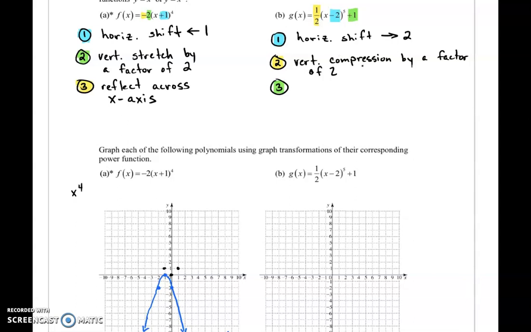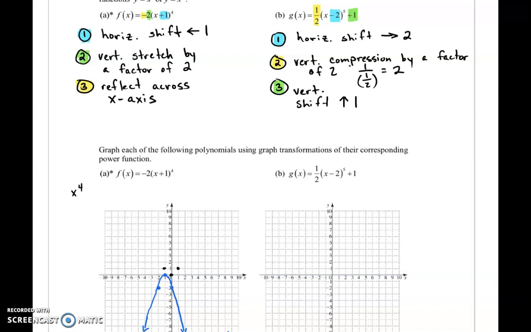We know it's a factor of 2 because it's always 1 over the number when the number's a fraction. And so that gives us a 2. And the green, that +1, that is a vertical shift up 1.